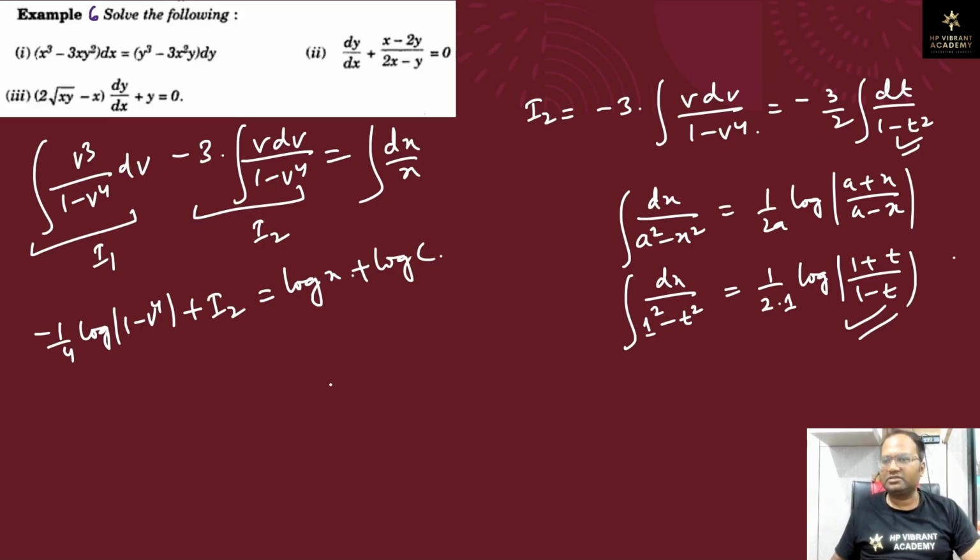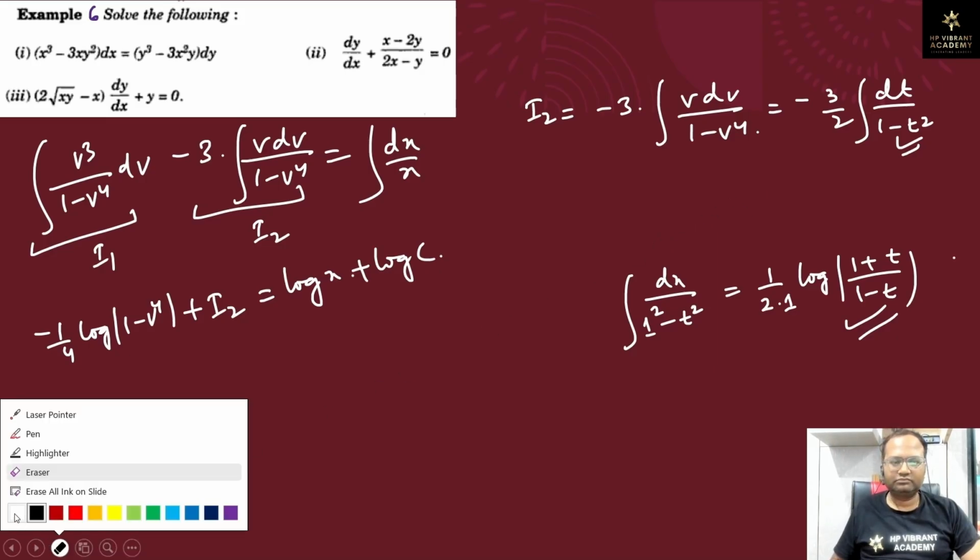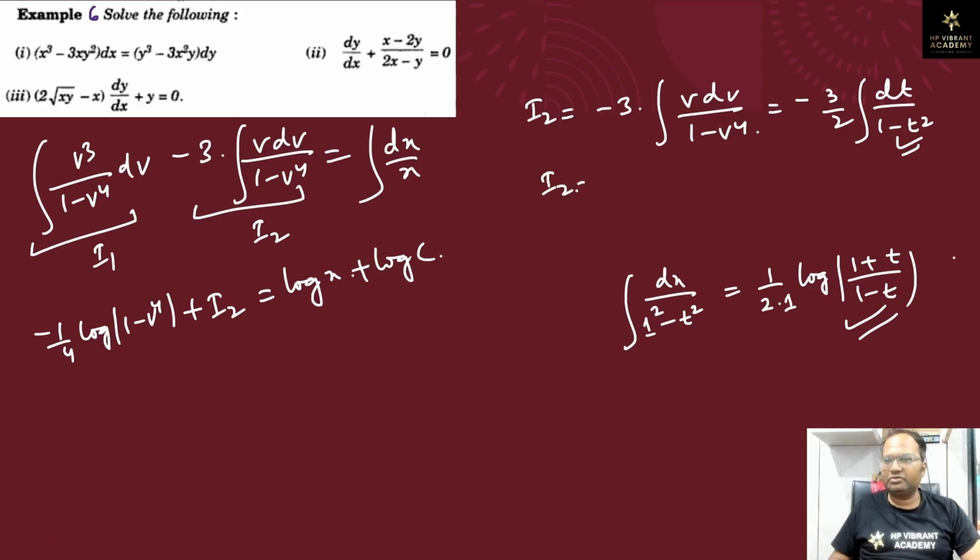So I2 is equal to minus 3 by 2 into 1 by 2 log of (1 plus t) upon (1 minus t), and the value of t is v square.